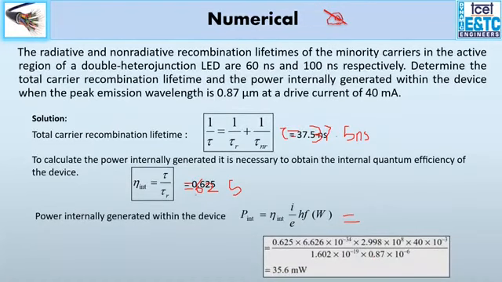It's 35.6 milliwatt. Please check, are you getting?